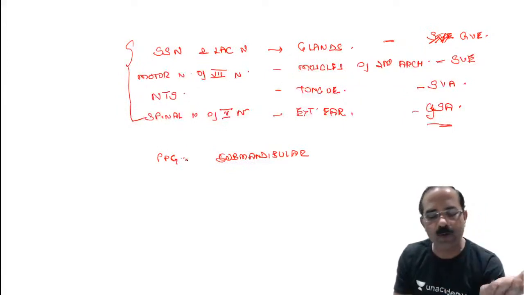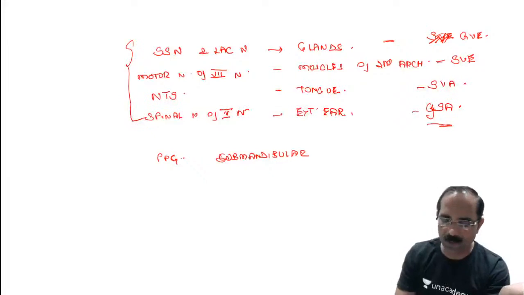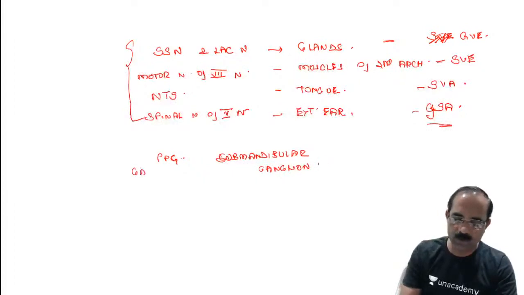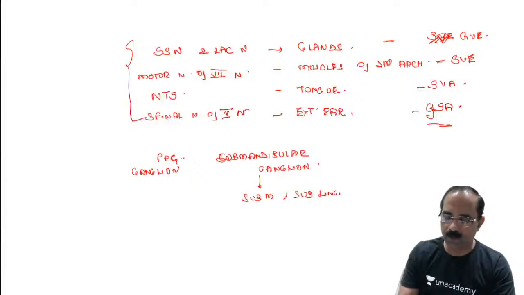Pterygopalatine ganglion is also known as the sphenopalatine ganglion. These are the two ganglions related to the facial nerve. What does the submandibular ganglion supply? It supplies the submandibular and the sublingual glands.